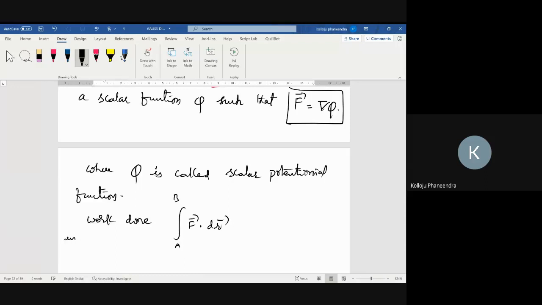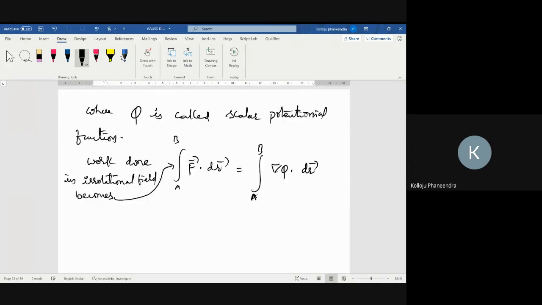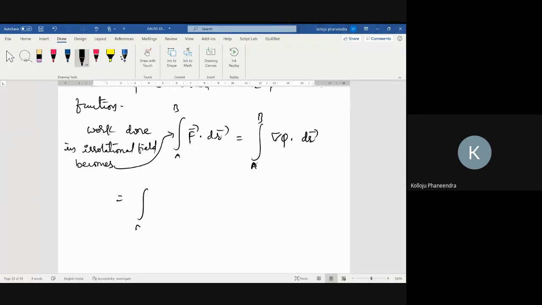Work done in irrotational fields. Irrotational field means curl f bar equal to 0, so I can write f bar equal to del phi, dot dr bar. What is del phi dot dr bar?